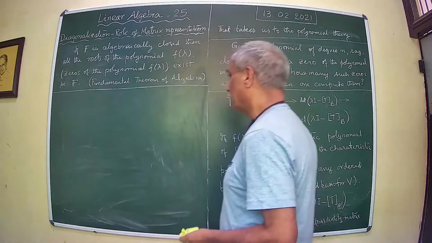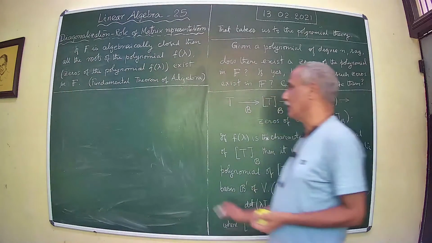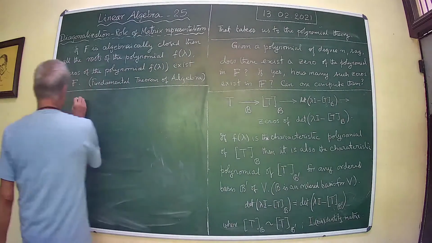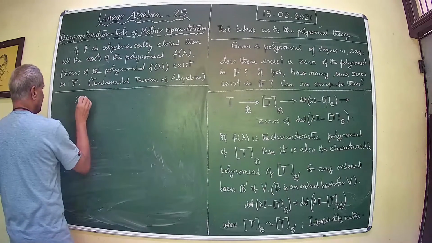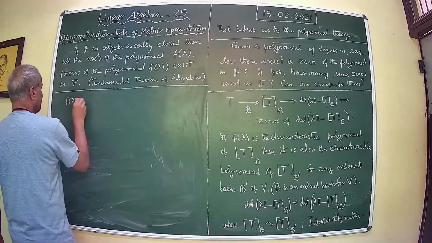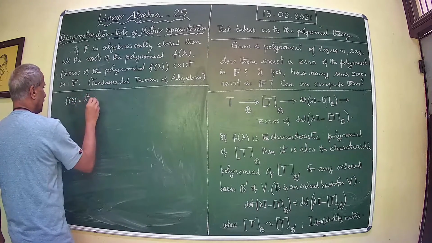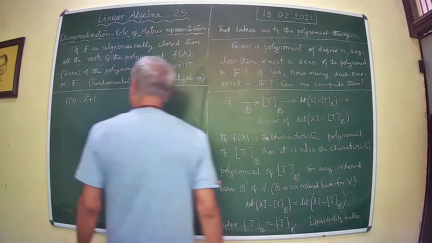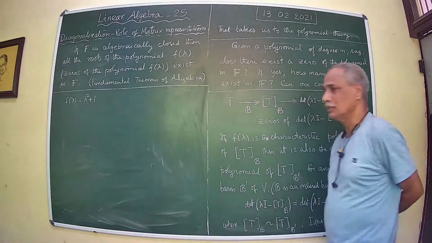Okay? For example, if you take the polynomial, suppose f of lambda is equal to lambda square plus 1, and then search for the zeros of this polynomial.